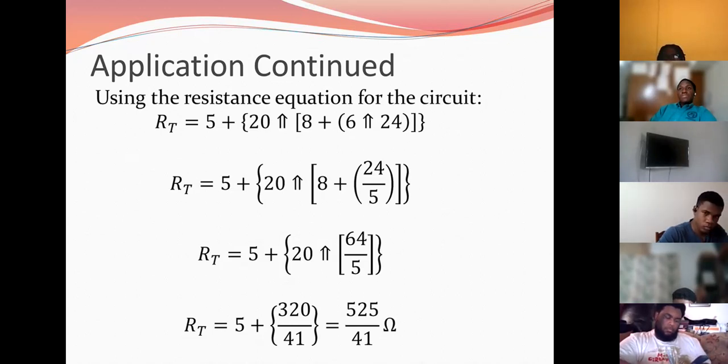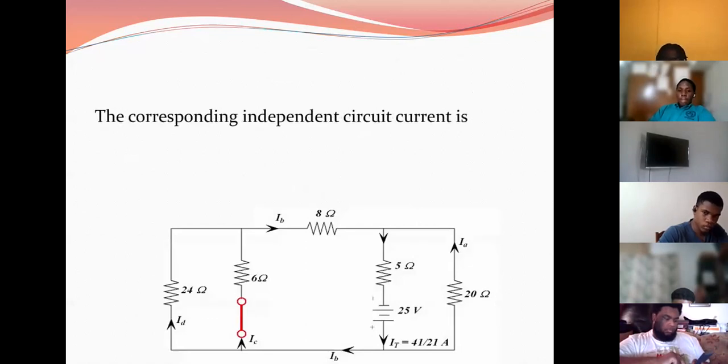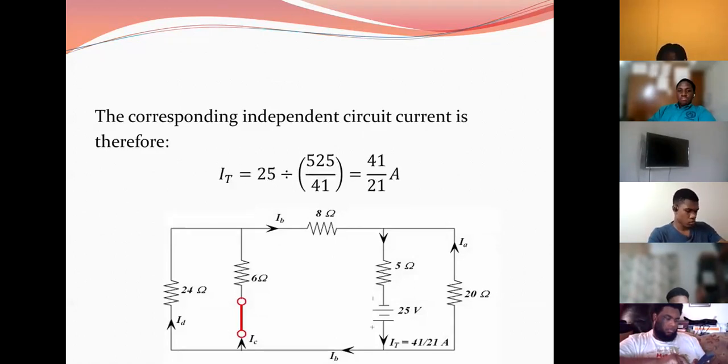Now, once we have found RT, which is 525/41, we then next find IT, which is 25 divided by RT, which gives us 41/21.